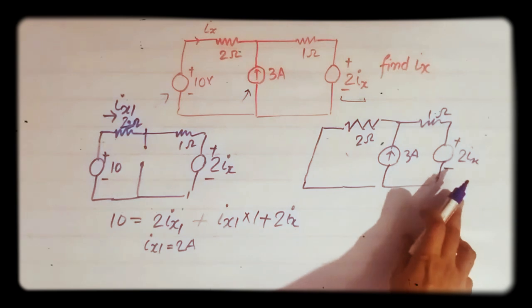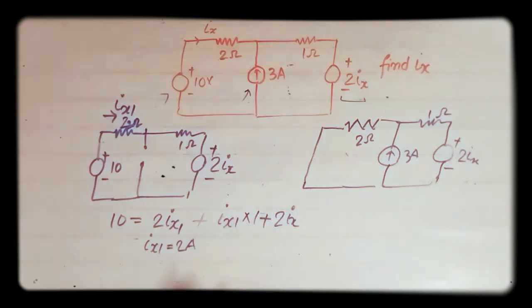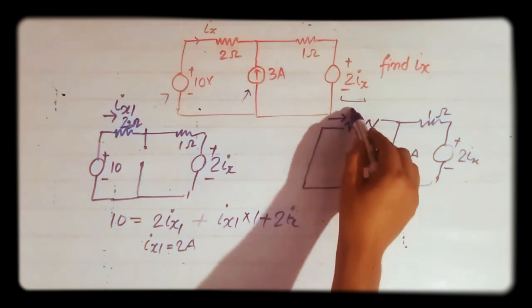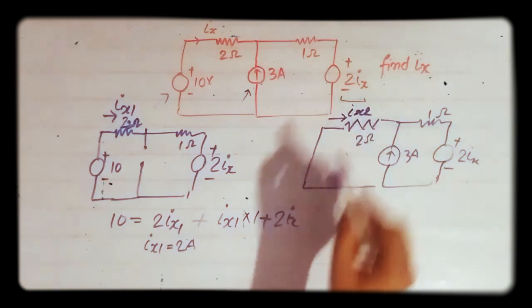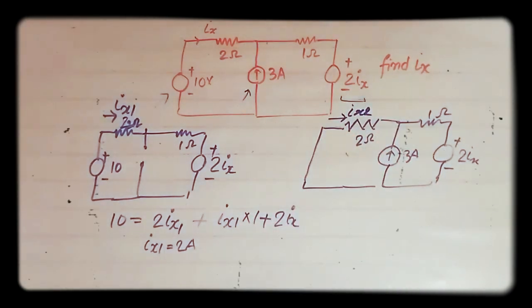Again I am keeping the dependent voltage source intact. Now what is ix2?